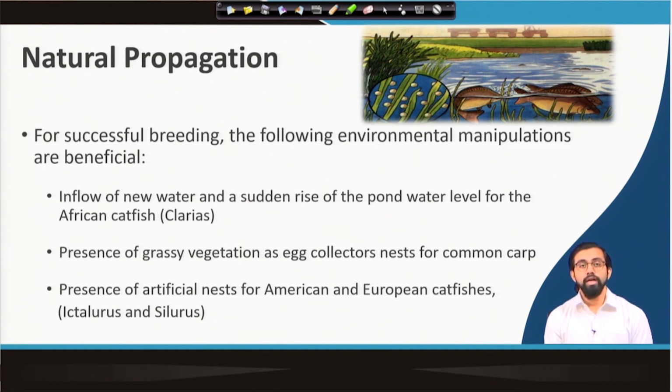We can also incorporate artificial nests in the case of American and European catfishes like Ictalurus or Silurus. In these species the presence of an artificial nest is very helpful, so that the brooder fish can go for the propagation procedures in the nest itself.